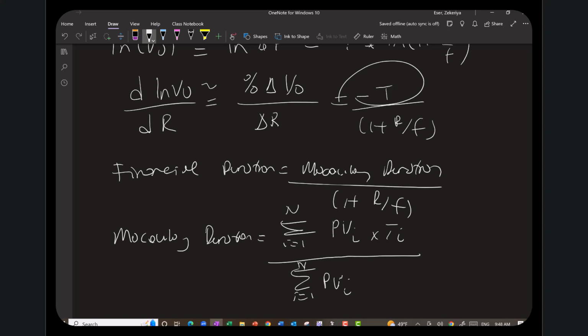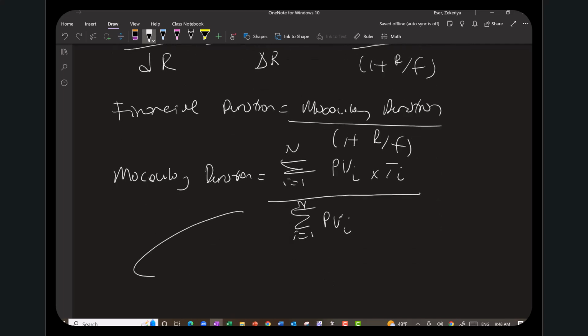So it's basically the present value weighted average of time to maturity, right? You can think of this as the average maturity of the cash flow stream.